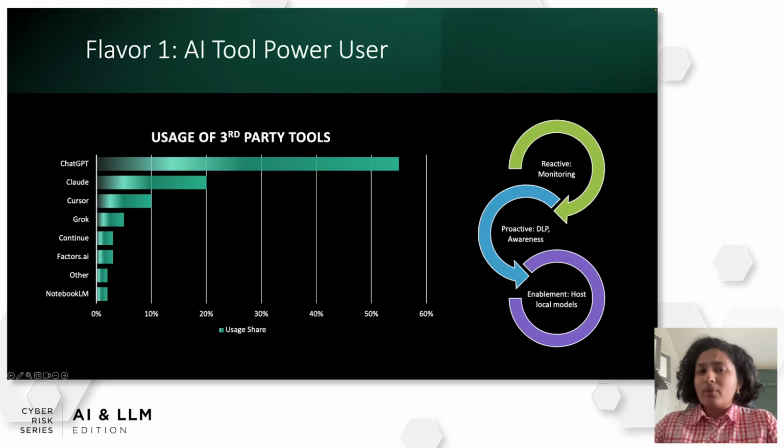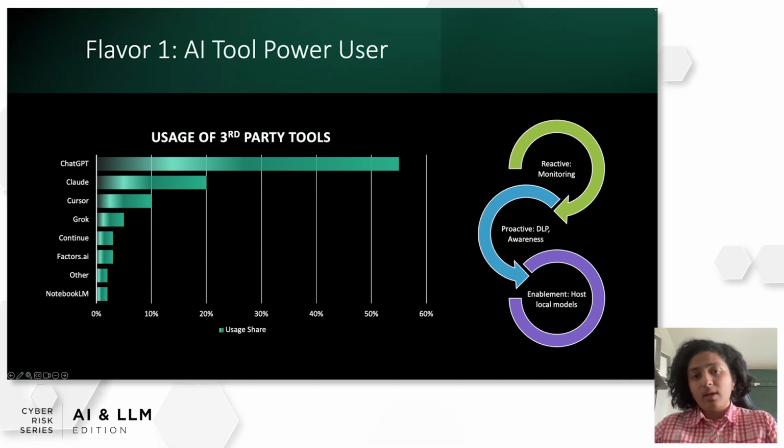When we think about controls, we mostly think about proactive and reactive controls. For reactive, you can definitely have some sort of monitoring, checking what kind of API calls are being made with your different security tools. You can have some proactive control measures like data loss prevention, but none of these are necessarily foolproof for generative AI tools.